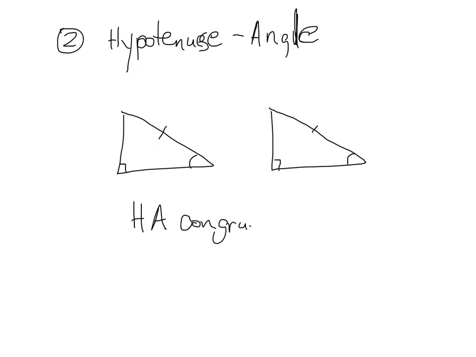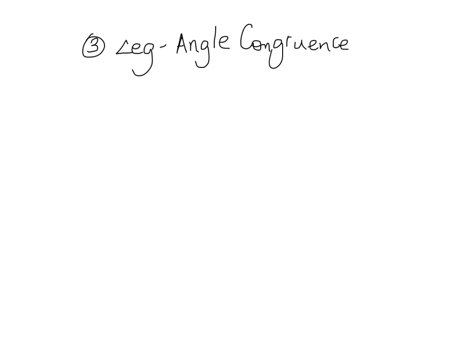All right, there are 2 more, so let's look at those 2 as well. Our third type of congruence is called the leg angle congruence. So again, it's exactly what it sounds like. For example, I'll just turn my triangle another strange way here, we have 2 triangles, they're both right triangles.